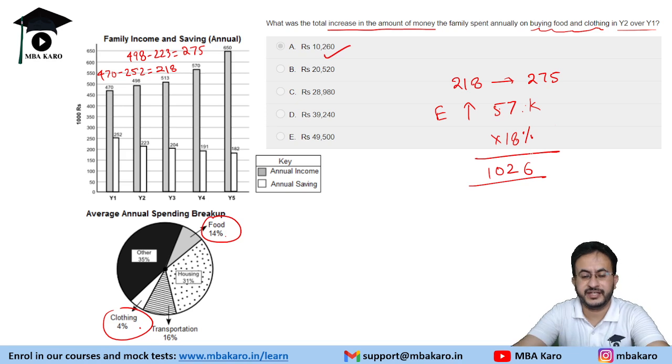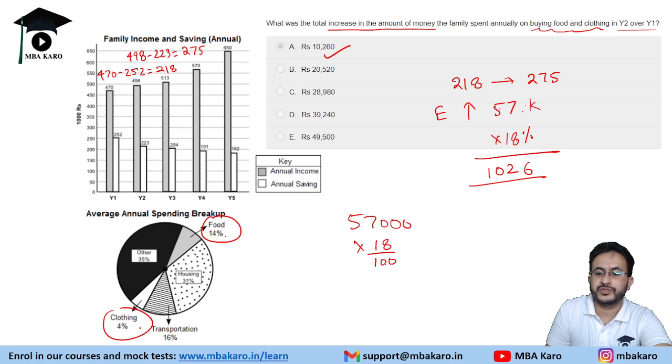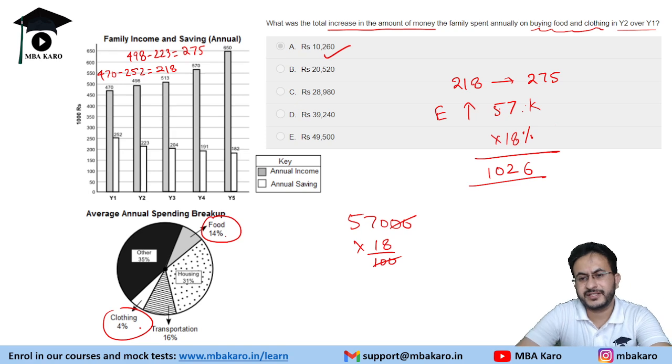So we are just dealing in digits, not worrying about the decimals and zeros. So the expenditure on food and clothing will increase by 10,260. If you actually calculate, you will get 57,000 into 18 by 100. So two zeros will go away. So 570 into 18. So another zero will come here. But as a practice, you should avoid writing decimals and zeros.